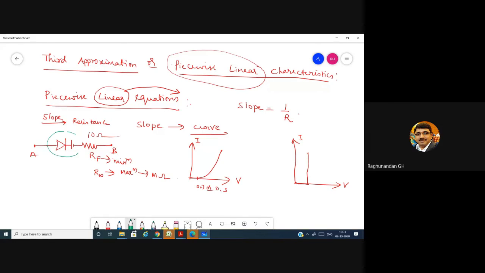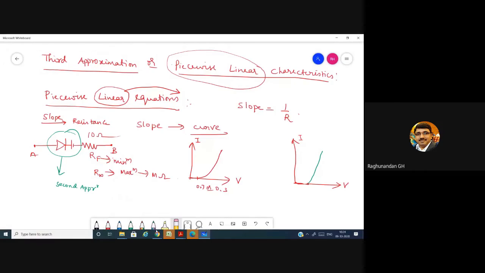This was the circuit till the second approximation, right? So when you add resistance to this, what happens to this curve? It slightly bends. Now this is the characteristic curve of this particular circuit.